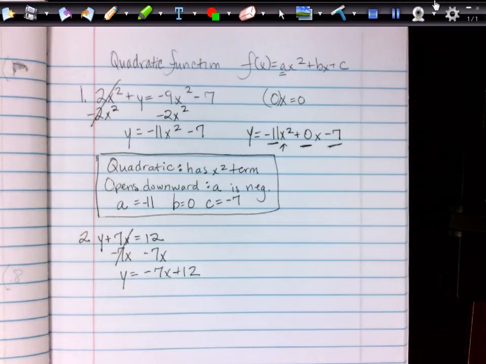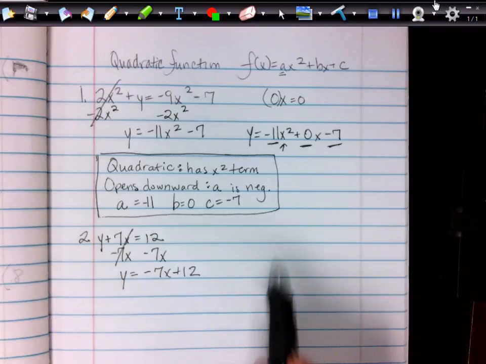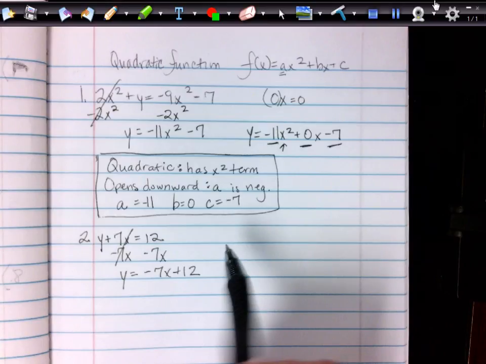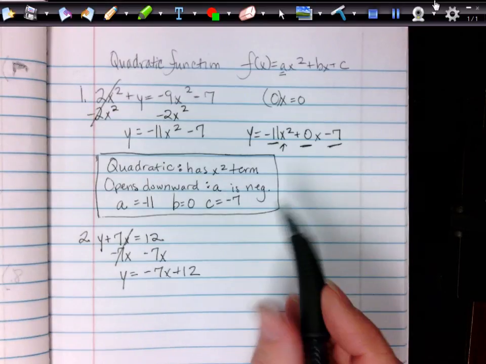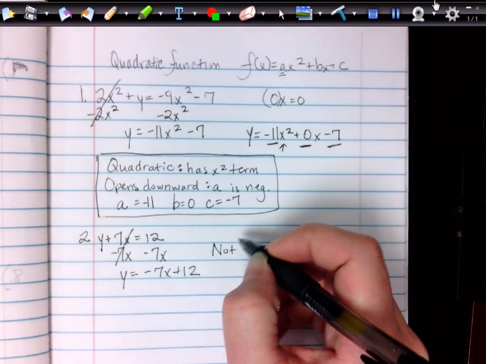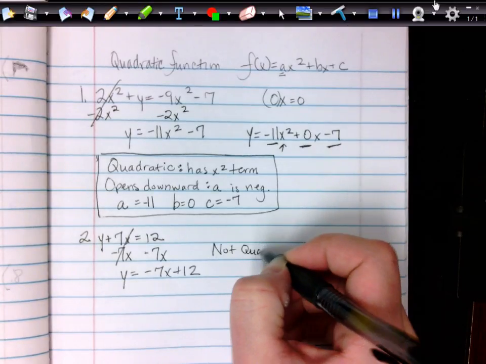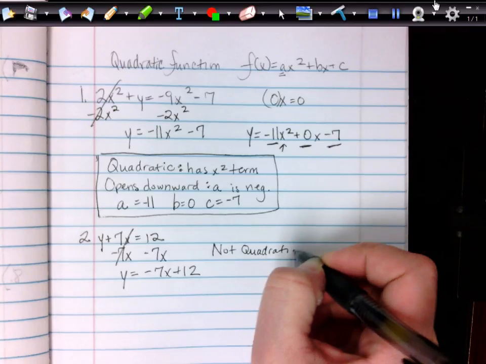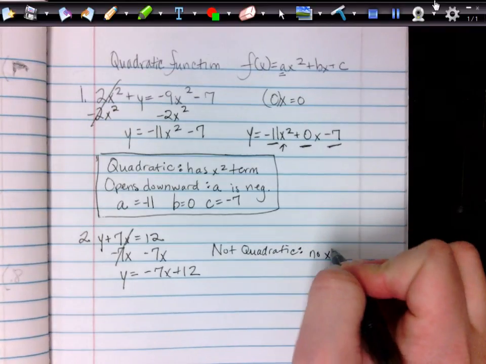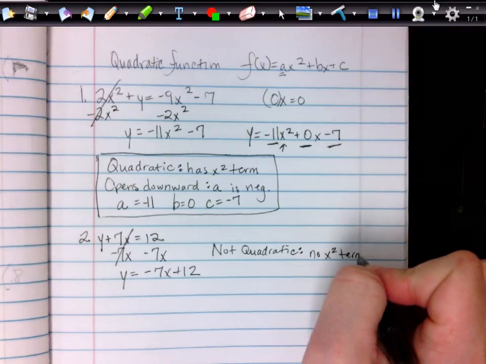My first question is to determine whether or not the function is quadratic. As in this term up here, it had to have an x squared term in order to be quadratic. Here we have no x squared term, so our answer is simply going to be not quadratic. And then you're going to say no x squared term.